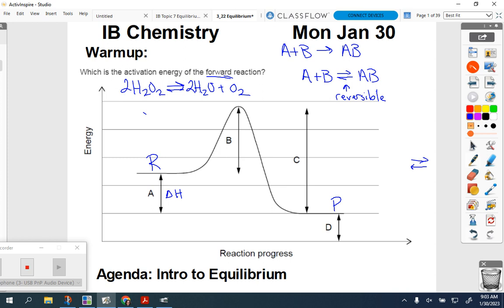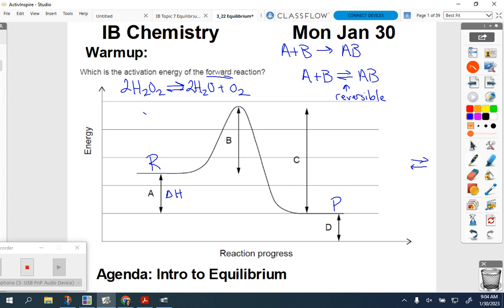So is the reverse reaction exothermic or endothermic? It's endothermic because we're going from a lower energy level to a higher energy level. Are the products of the reverse reaction more stable or less stable than the reactants of the reverse reaction? Less stable because they're at a higher energy. Lower energy, more stable. Yep.